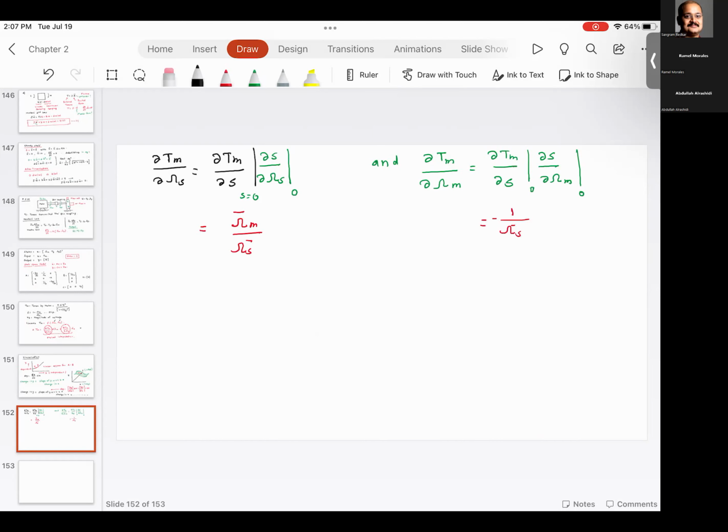So the linearized equations are going to take the form, I will write this equation down: A equal to 1 divided by Jm, partial Tm by partial s, minus Bm, and everything else will remain the same.